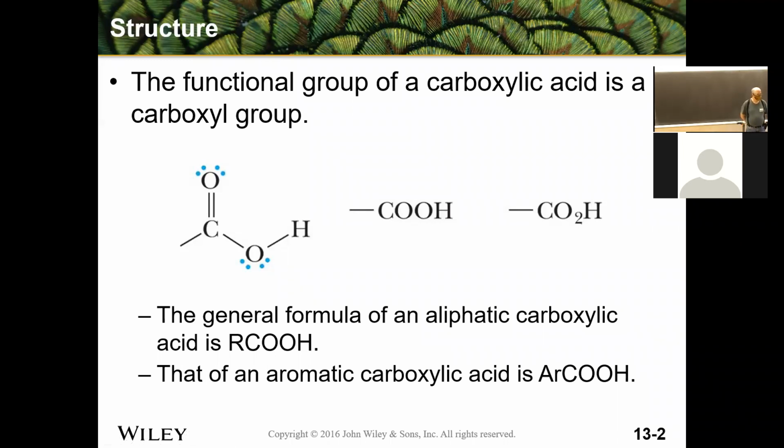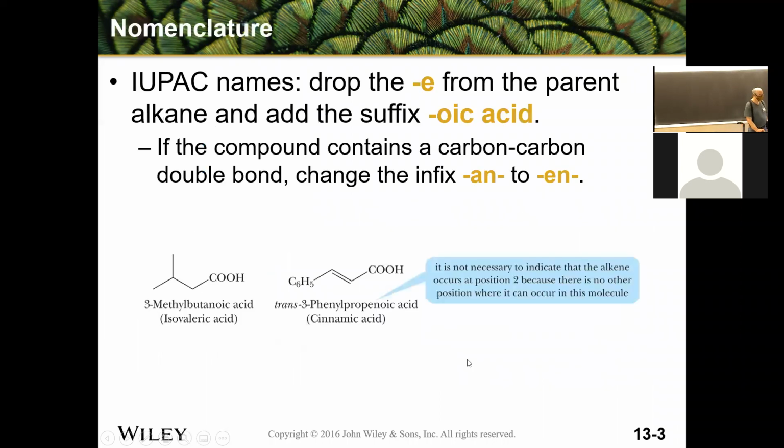The functional group for a carboxylic acid is also called the carboxyl group. Sometimes we write it as RCOOH, although I prefer to draw out the Lewis structure. We have both aliphatic and aromatic carboxylic acids.